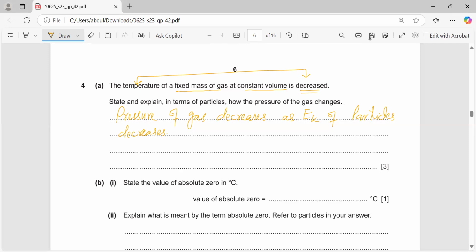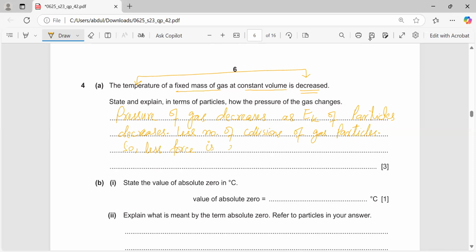Now when the kinetic energy decreases, it means less number of collisions of gas particles, and so less force is exerted.